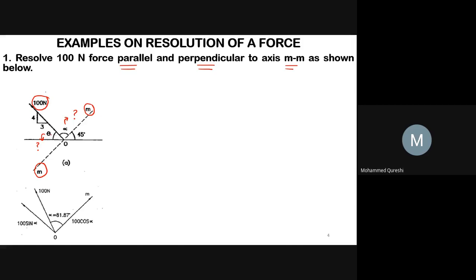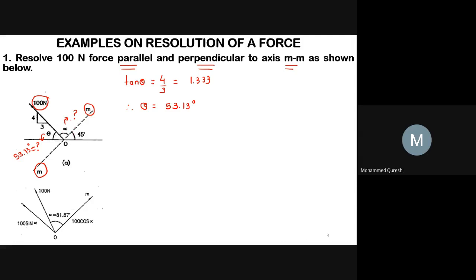First of all, we can easily calculate theta as the slope is given. tan theta equals 4 by 3, and 4 by 3 is nothing but 1.333. Therefore, theta will be 53.13 degrees, and here the angle is 45.